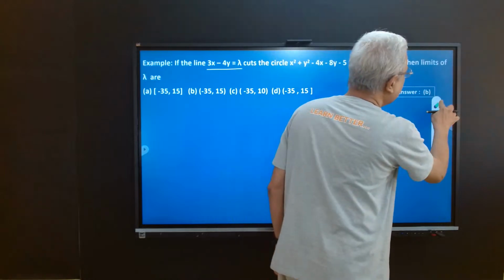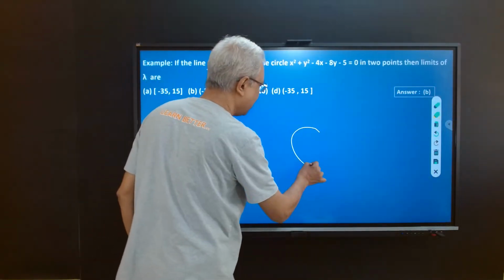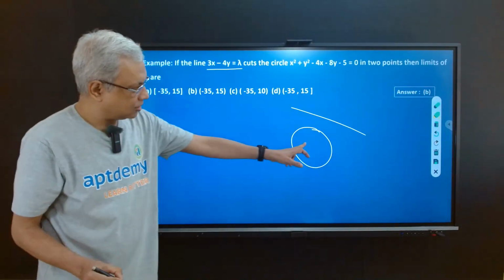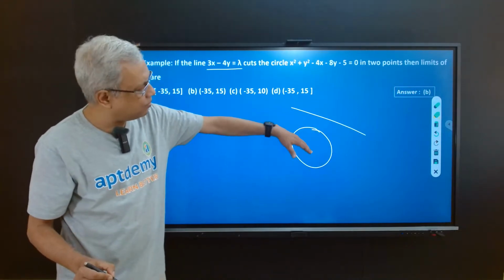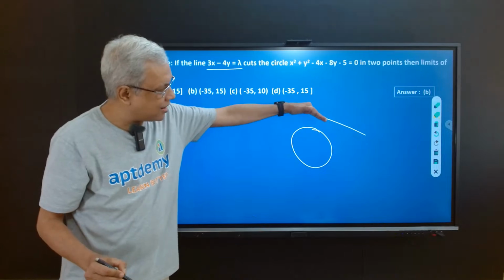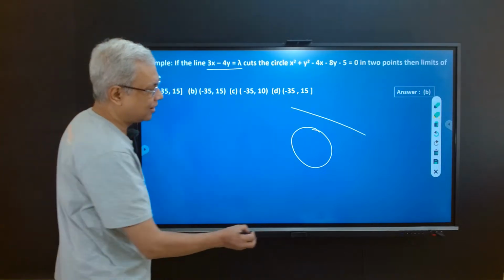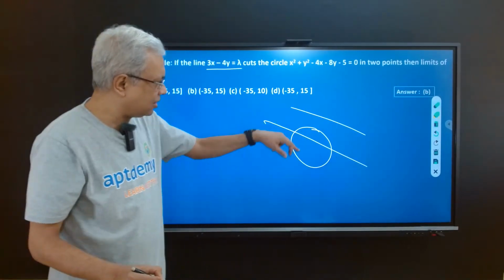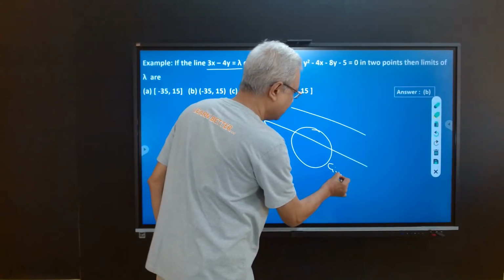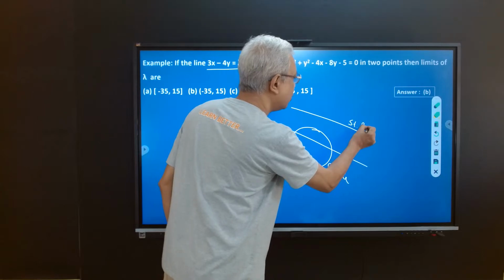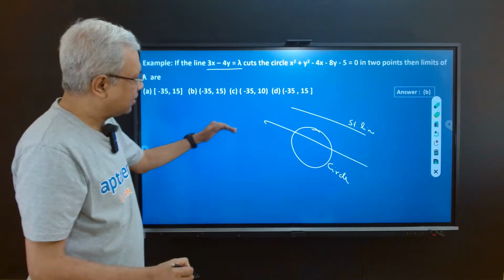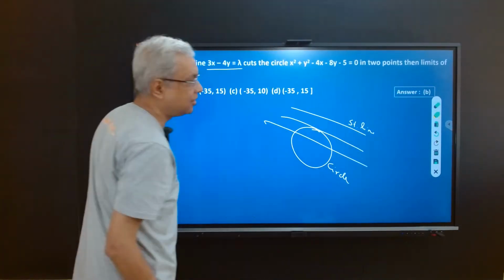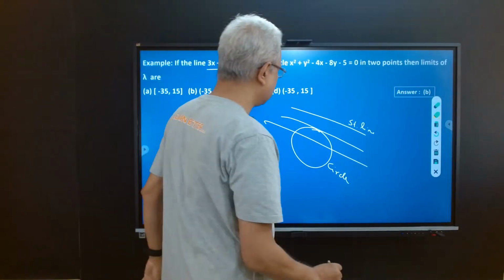The straight line can be outside the circle, the straight line can intersect the circle, or the straight line can be a tangent to the circle. There can be three situations.